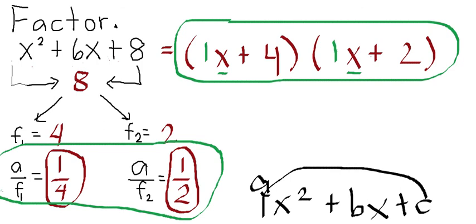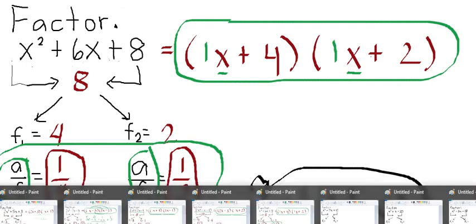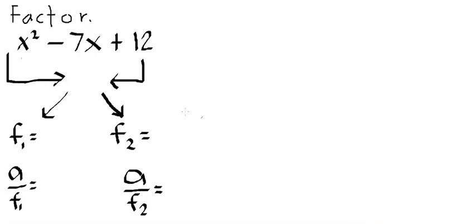So, hindi mo na kailangan kunin itong mga fraction na a over f sub 1 at a over f sub 2. Hindi ka na mag-apply ng AC method. Punta tayo sa next problem. So, hindi ko na to gagamitan ng AC method ha, para madali na lang. Kasi 1 lang naman yung unahan eh.